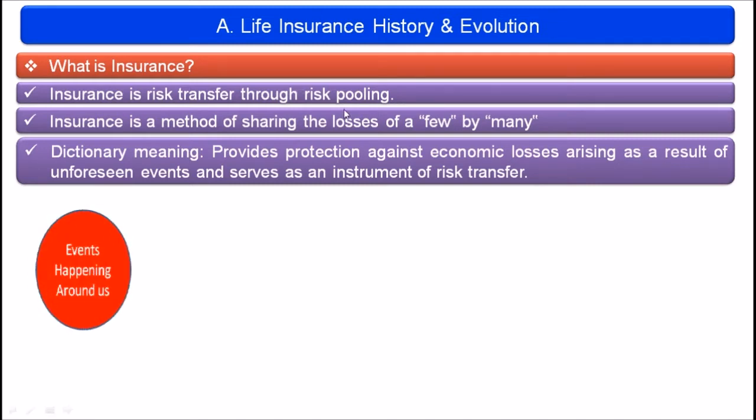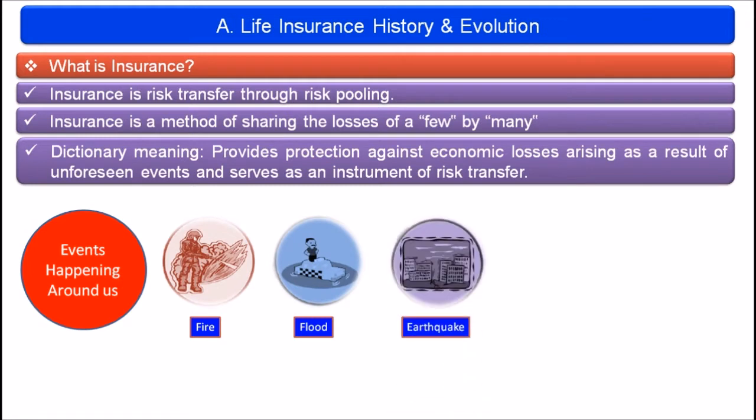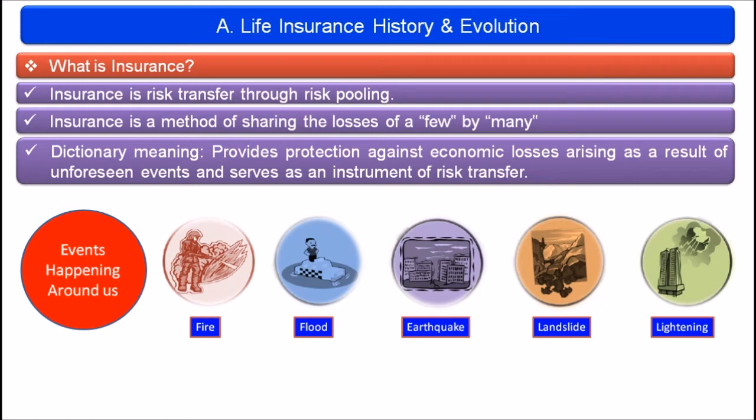Right friends? So where do we need insurance? Dear friends, events are happening around us. What are the events that are happening? Yes, there is a chance of fire, there is a chance of flood, there is a chance of earthquake, there is a chance of landslide, there is a chance of lightning.